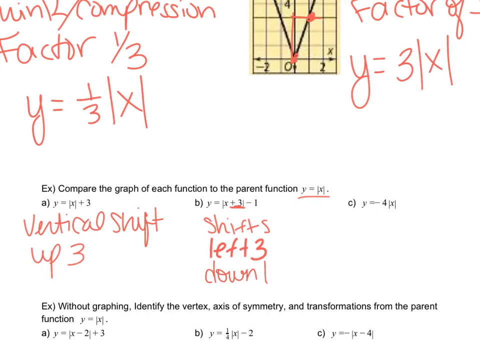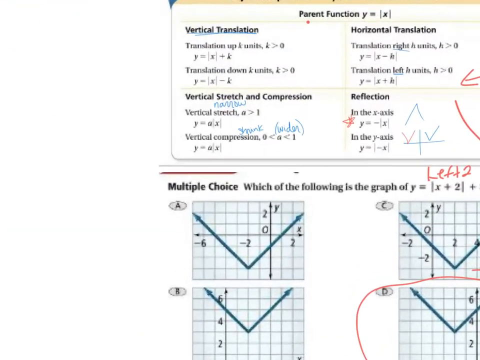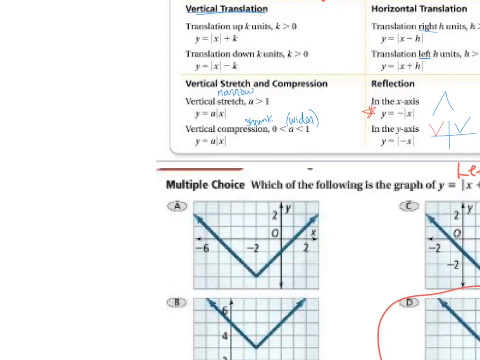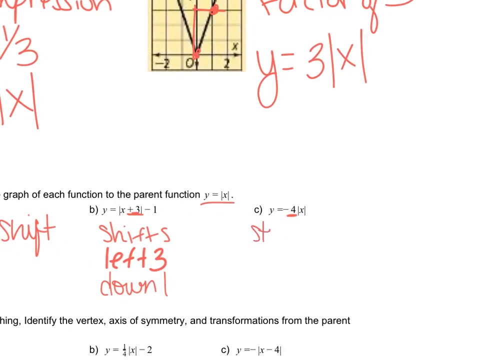And this last one, there's a number greater than 1 up here, so we know it's going to be a shrink, remember? Greater than 1, or sorry, I said shrink, I meant stretch. It's going to be a stretch of a factor of 4.